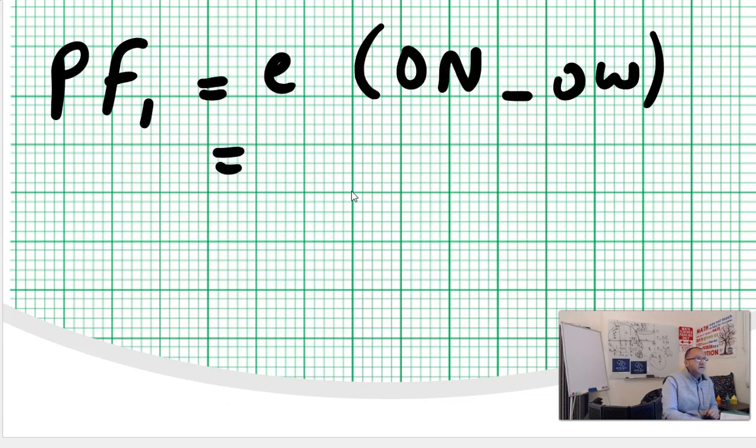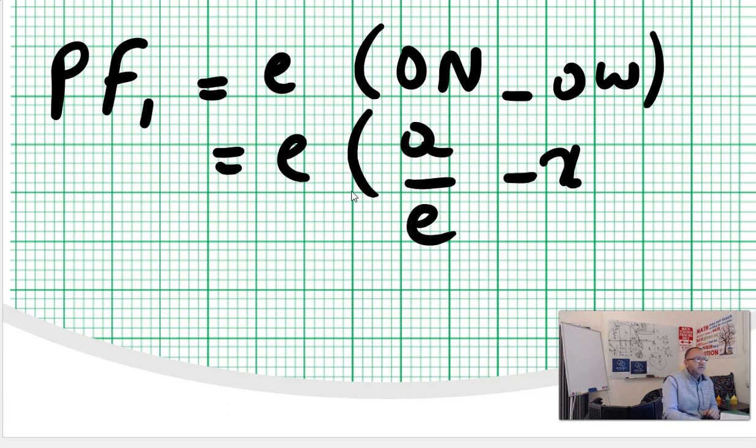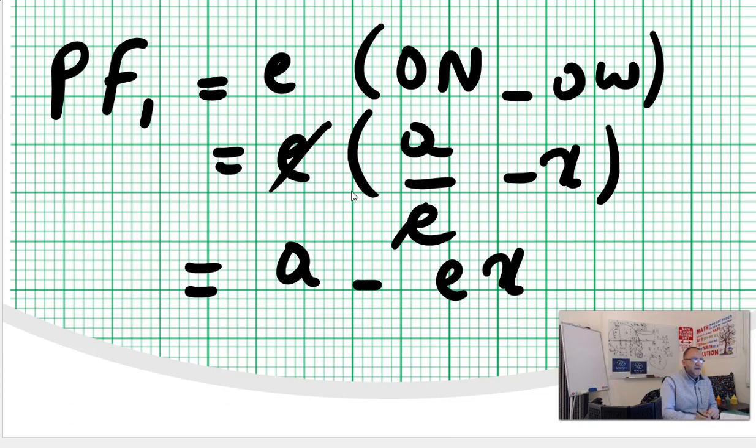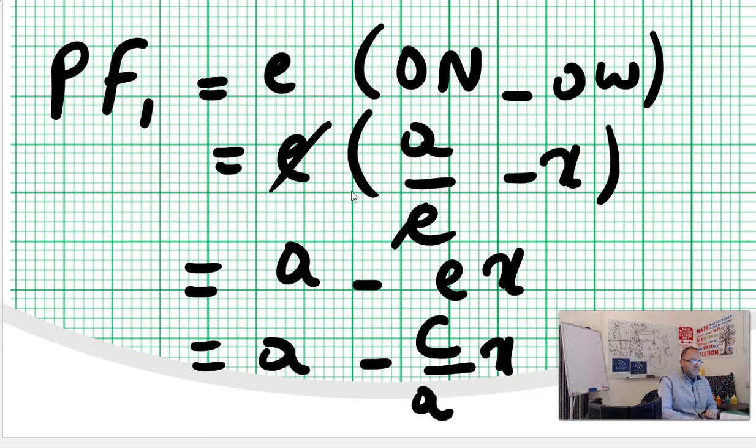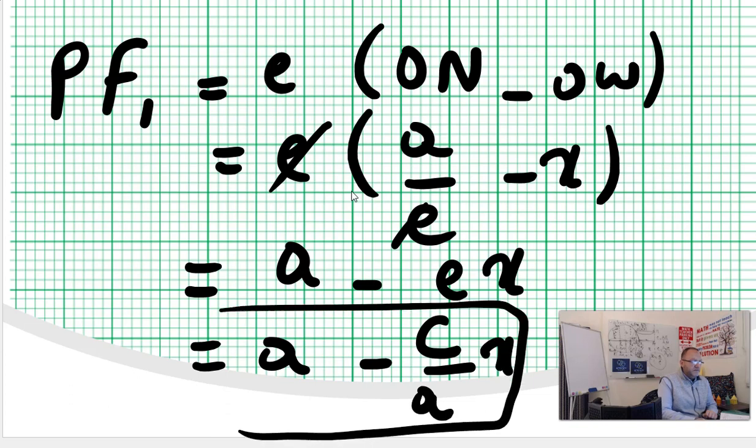Equals E times A divided by E minus X, right? So equals what? A, the E cancels, minus EX. Done. You're done. And instead of E, what do you write? A minus C divided by A times X. This is what you have in your books.